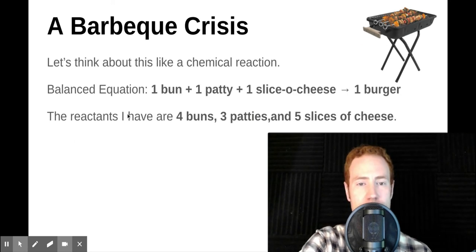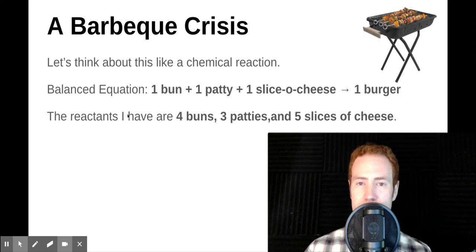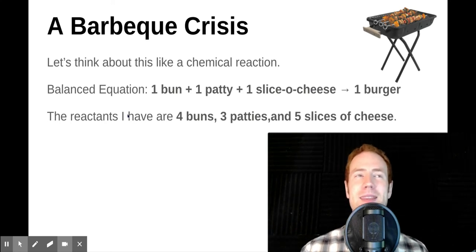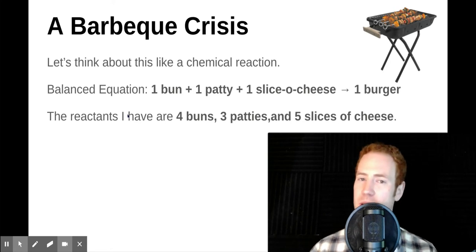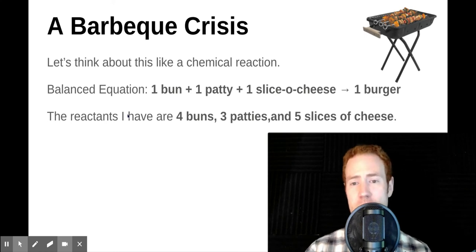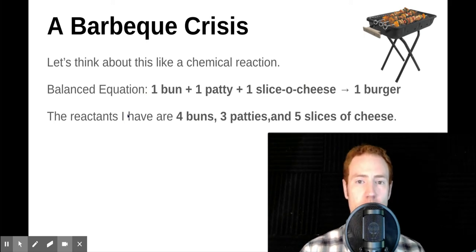3 burgers. Now, there's a reason that I'm talking about this, which is that this directly relates to a concept in chemistry. So let's try and think about this same situation, but in the framework of a chemical equation. So if this was a chemical reaction, we would say that the balanced equation for making a cheeseburger is 1 bun and 1 patty and 1 slice of cheese makes 1 burger.